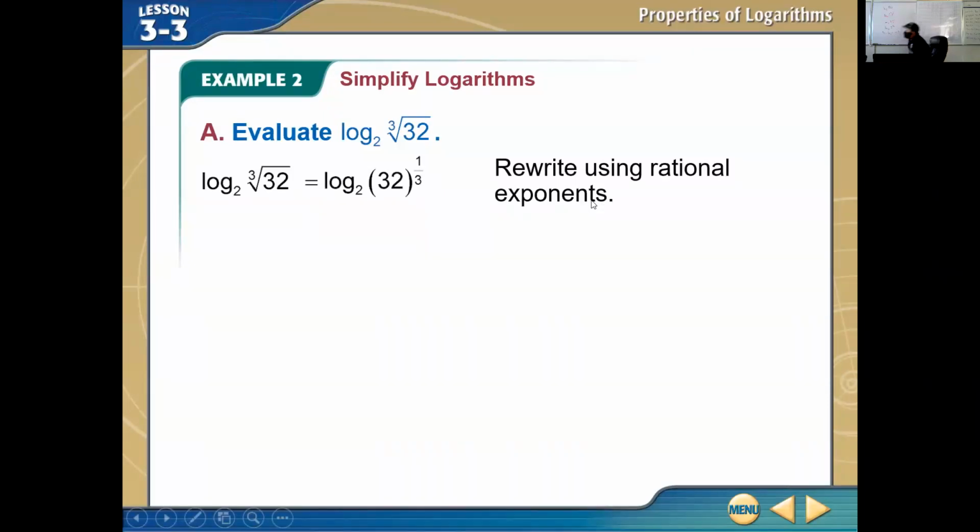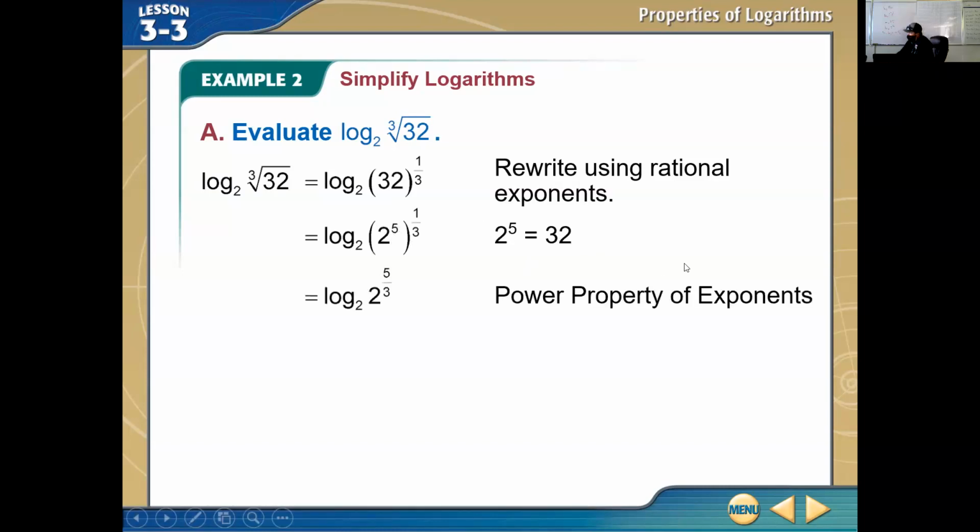Okay, so here they rewrote it using rational exponents first. That's more than fine. Then they plugged in 2 to the 5th, since that is equivalent to 32. Power property of exponents, so they multiply this 5 times 1/3. So they get 5/3. Power property of logarithms, they bring it out front.